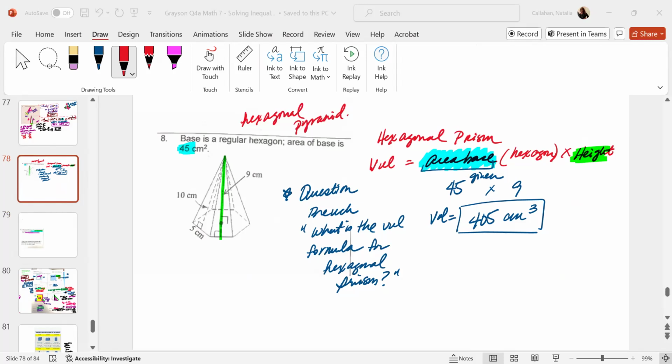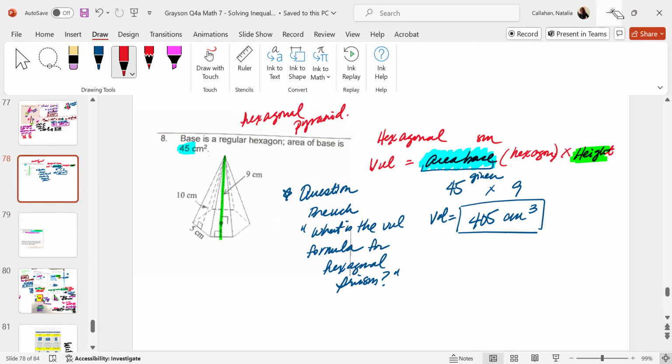I have a hexagonal pyramid. Oh, it is going to be a 1/3. Yeah, so it's not a prism, it's a pyramid.